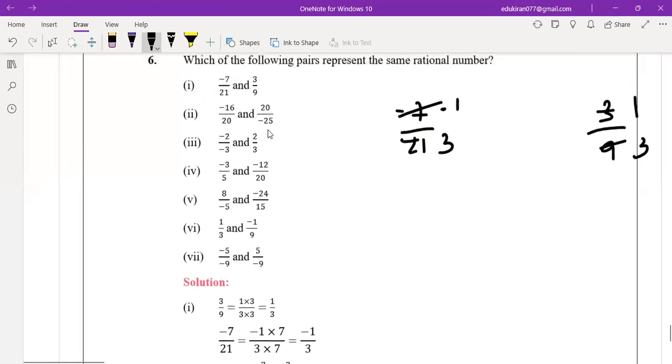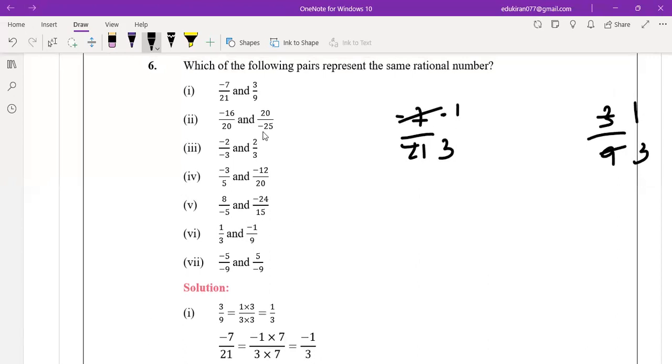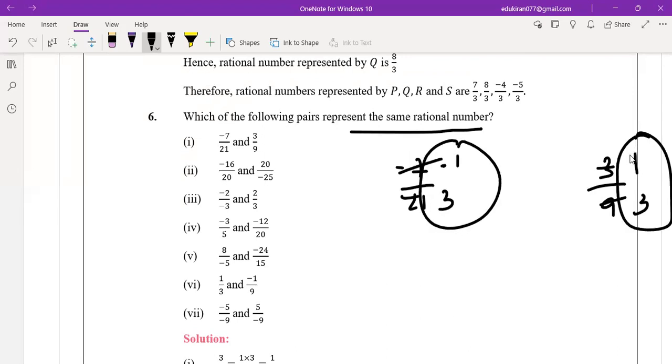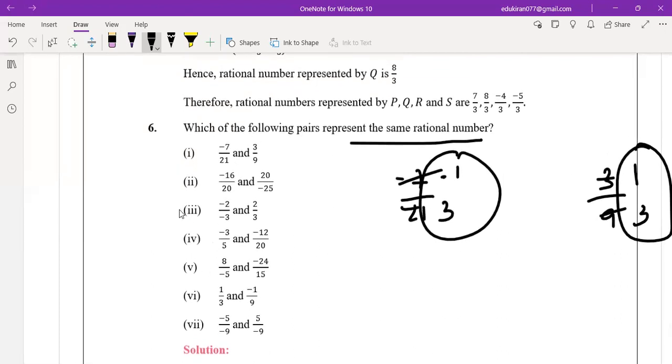Here also, similarly, you will do it like this, and you will get your answers. If they are similar, then they represent the same rational number. If they are not similar, then they don't represent the same. The first one is minus 1 upon 3 and the other is 1 upon 3. Okay. So quickly you will do all the parts and then you will tell me the answer.